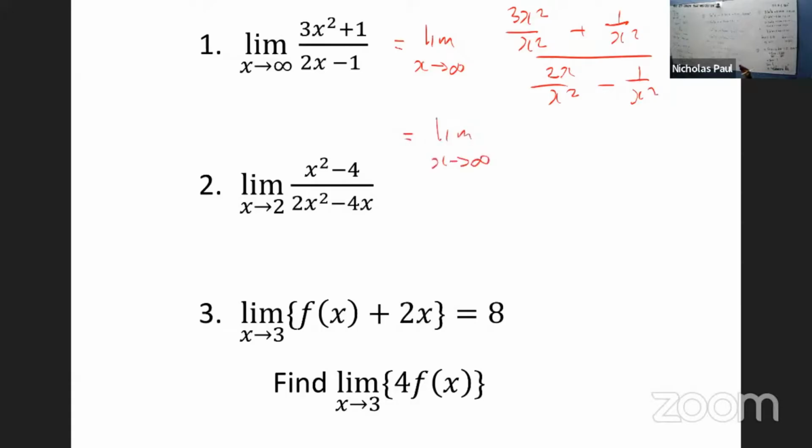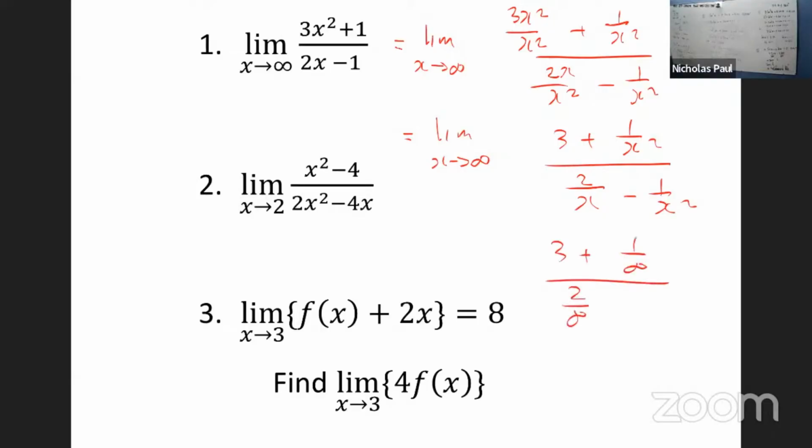You always have to keep writing the limit until you substitute. So you'll get 3 plus 1 on x squared over 2 on x minus 1 on x squared. Then you plug in infinity. So it's 3 plus 1 on infinity over 2 on infinity minus 1 on infinity. So I am getting 3 plus 0 over 0.